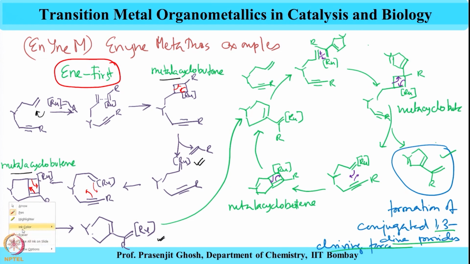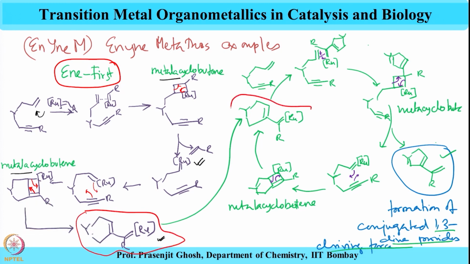So, one thing which is important to note is that this species, this vinyl carbene species of the substrate, these two species are exactly the same species, and they get translated from one cycle to another cycle and carry out this enyne metathesis.